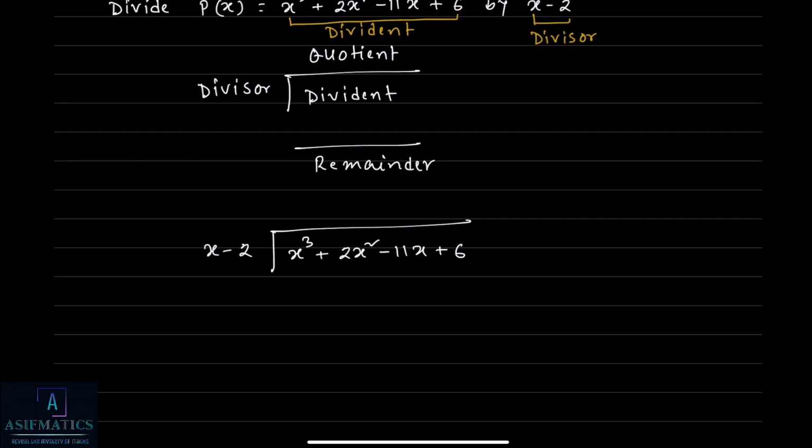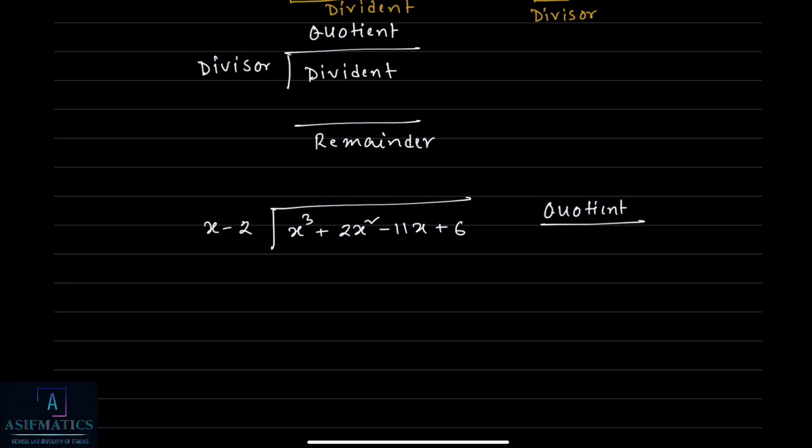Now, how to find the quotient? You have to follow three steps to solve this problem. The first step is to divide the inner first number by the outer first number.